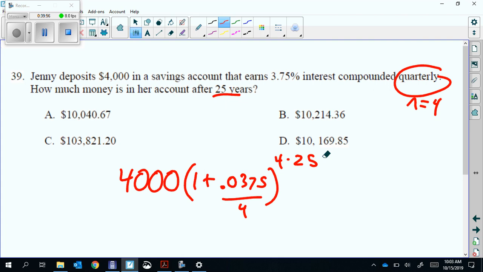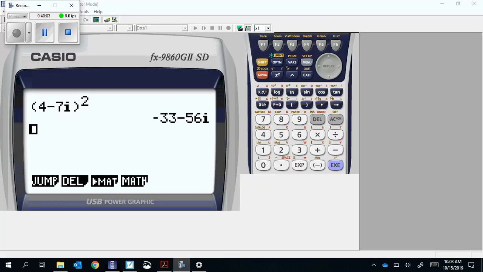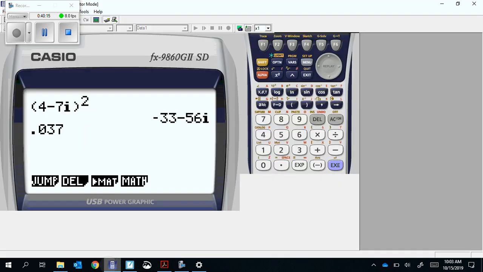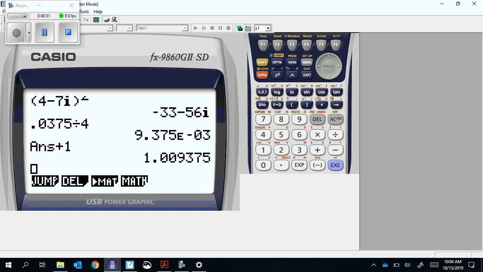So we got to punch that into our calculator. When I type these in, I always start with the inside of the parentheses. So we've got 0.0375 for the percent divided by 4. We're adding that on to 1 because it was 1 plus for the inside of the parentheses. So there's our inside of the parentheses.